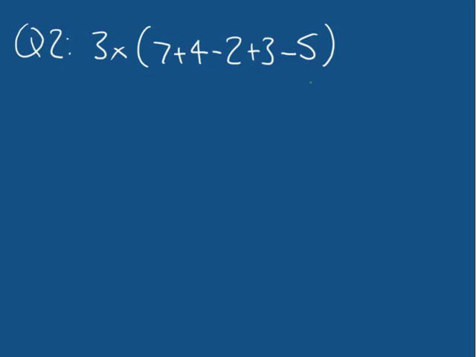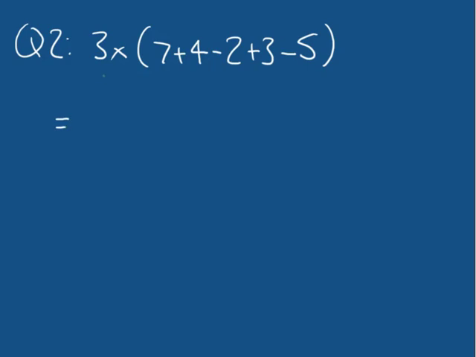Alright, welcome back. This is a little bit more complicated due to having additions and subtractions, but if you follow the rule that I set out earlier, it's really quite simple to evaluate. If you're adding inside the parentheses, then you add that term outside the parentheses. If you're subtracting inside the parentheses, you subtract that term outside of the parentheses. So we have 3 times (7 plus 4 minus 2 plus 3 minus 5).